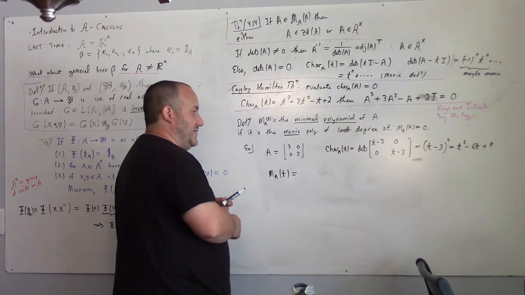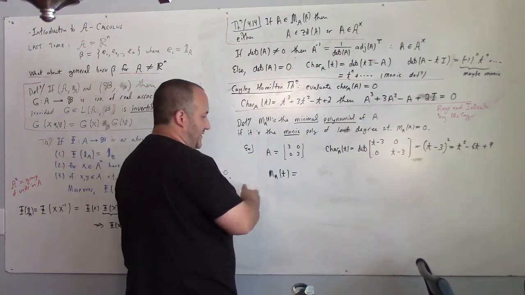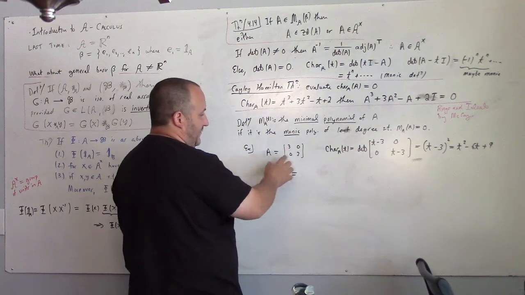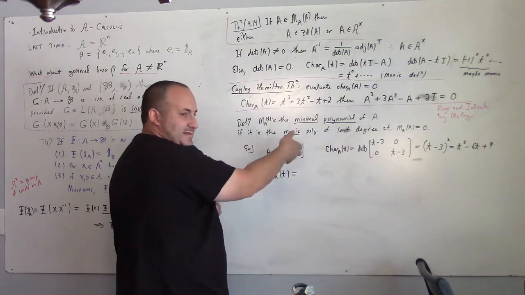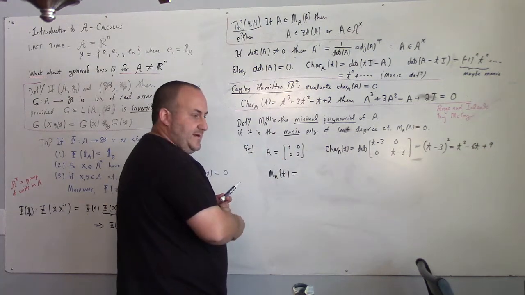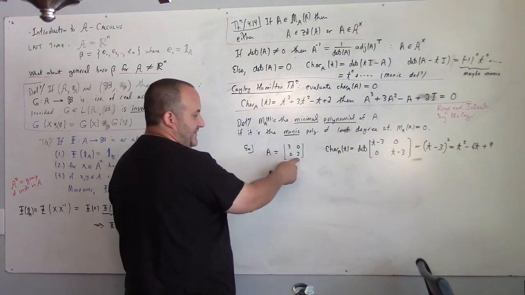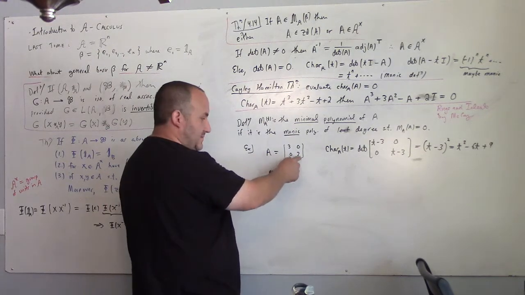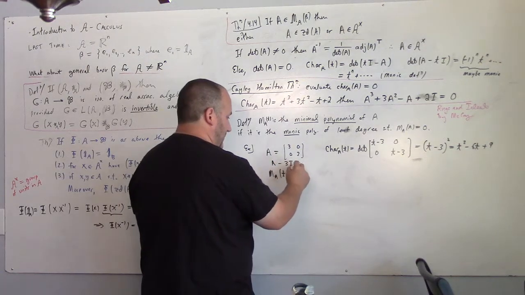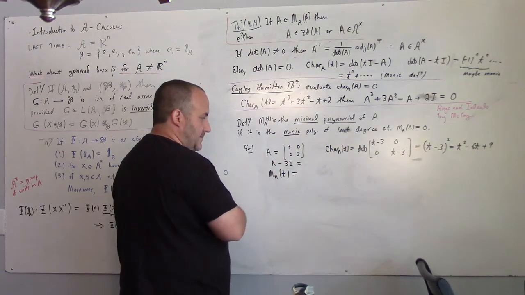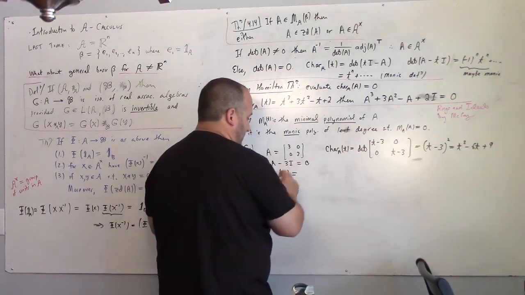Can I find a polynomial of smaller degree which also works? How about this: A minus 3 times the identity is what? It's the 0 matrix, right?